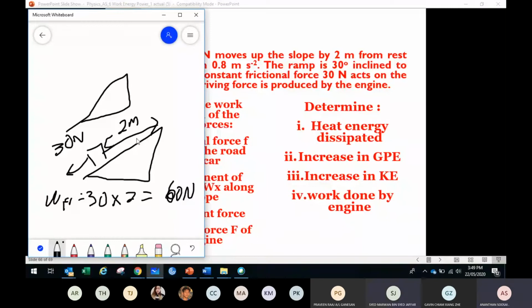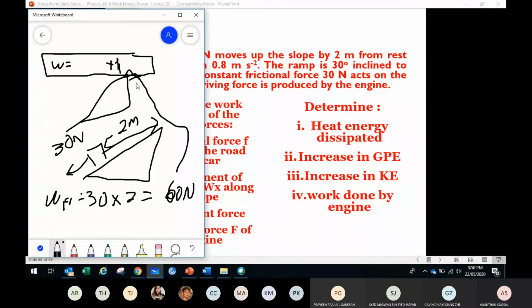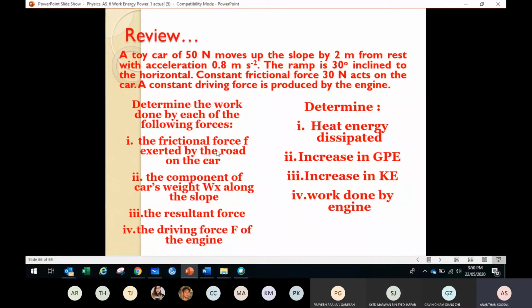Of course, it's moving up and the force is down, so we could take it as negative 60. But according to the formula, the work done by the thrust equals heat, plus heat here. The direction is already considered, so you don't need to put negative. Just put it into the formula as 60. So the work done by the friction is 60 joules. It changed to heat energy.